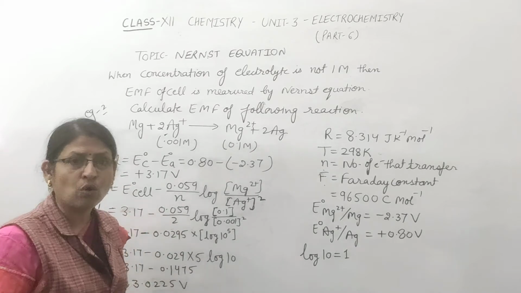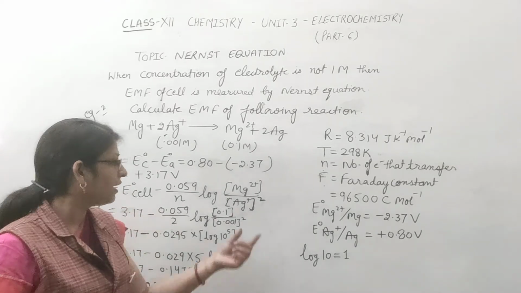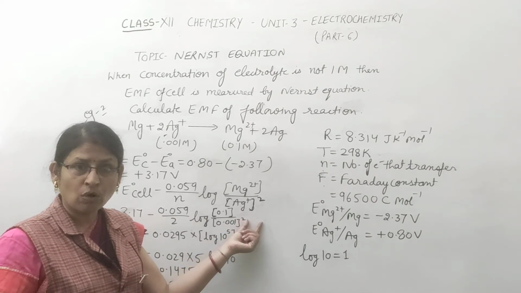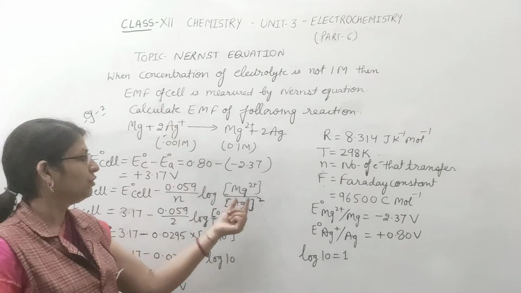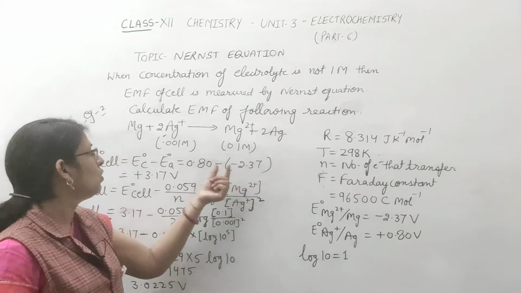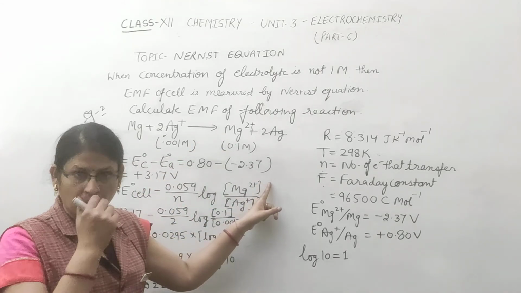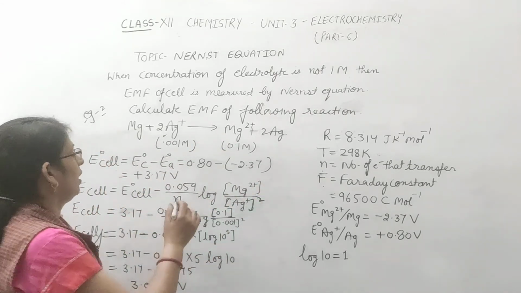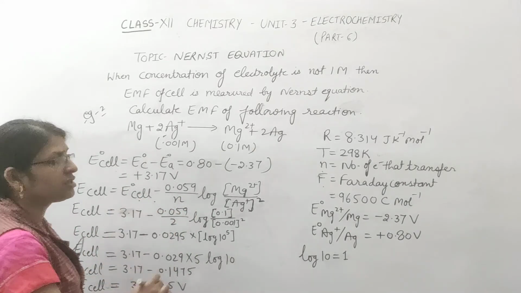The number of moles goes to the power. Listen carefully: the number of moles goes to the power. If it is 3, then you write power 3. Here it is 1, so the power is 1. Clear, all of you?